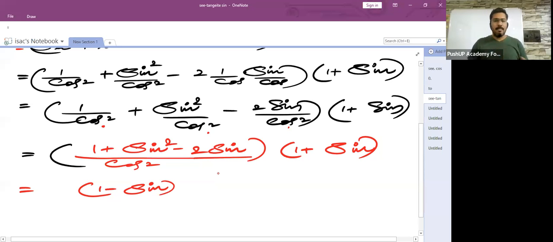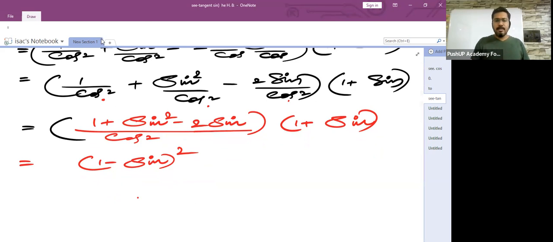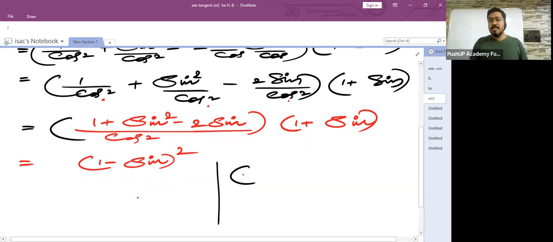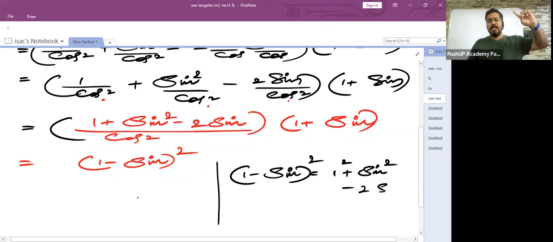Don't you feel so? Children, I will take some separate space and show that. Look here. What is the expansion of 1 minus sine the whole square? It should be the a minus b the whole square expansion. It's a square plus b square minus 2 into 1 into sine, which is 2 sine. What is 1 square? 1.